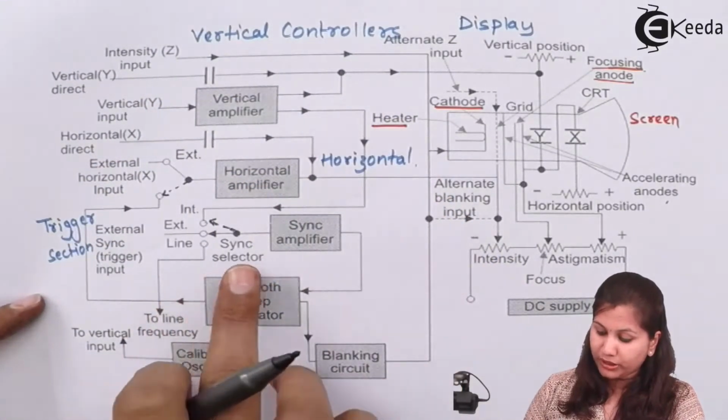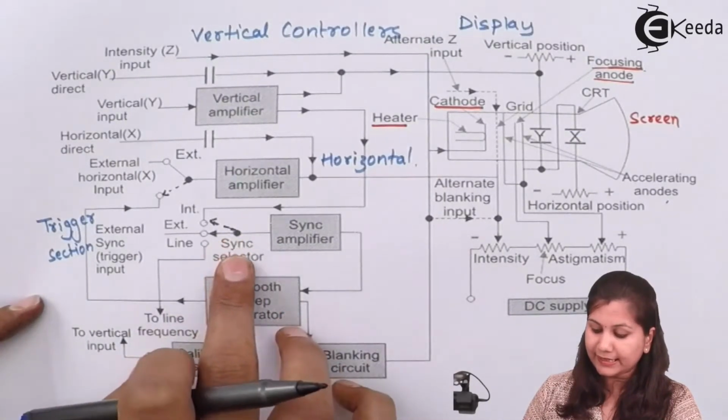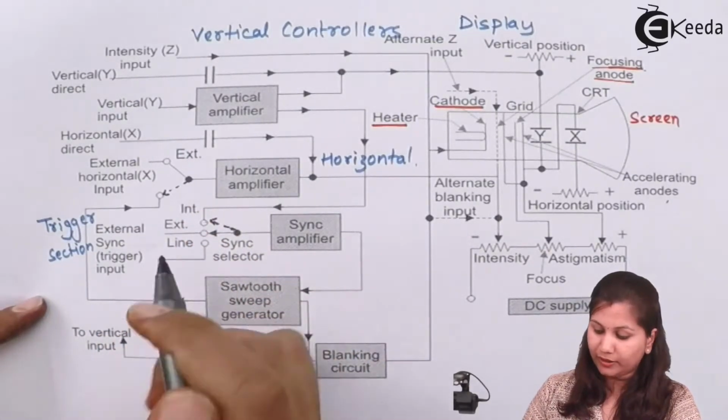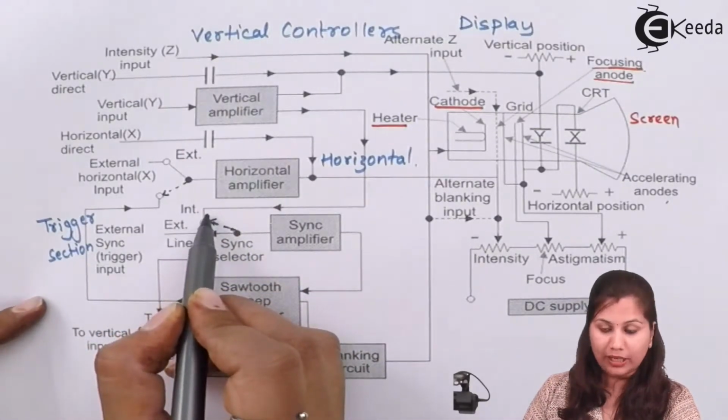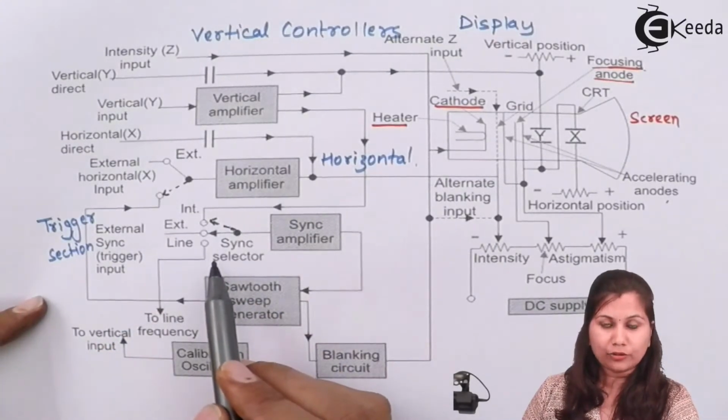Okay, here we are having a switch, which is the sync selector switch. There are three types of synchronization: internal synchronization, external synchronization, and line synchronization.